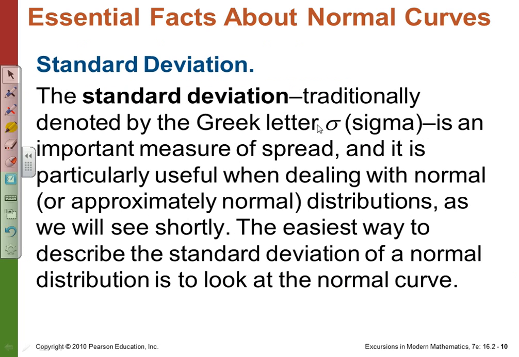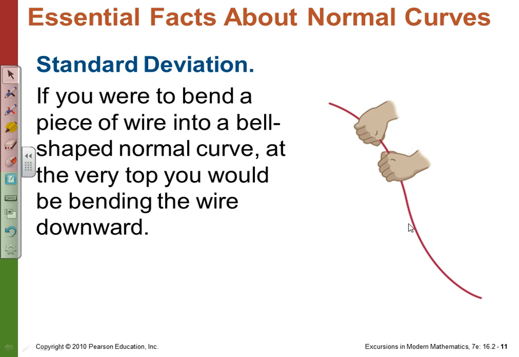Standard deviation, the Greek letter sigma. If I have a normal distribution, there's going to be an easy way to describe how the curve looks in relationship to that normal distribution, which won't happen until Thursday. If I take the first derivative of a function, I can figure out whether or not I have a maximum or a minimum. If I take the second derivative of a function, I can tell the point where a function changes from concave up to concave down.